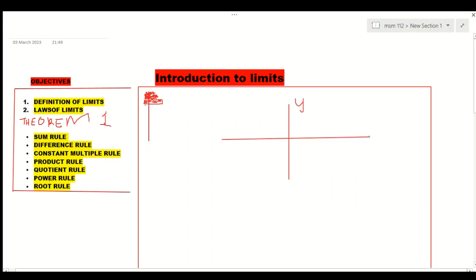So this is y and this is x. Then I've got this function. So this is 1. This function is f of x. Then this is 2 on the y-axis, -1. So let us try to find the limit as x approaches 2 of this function.